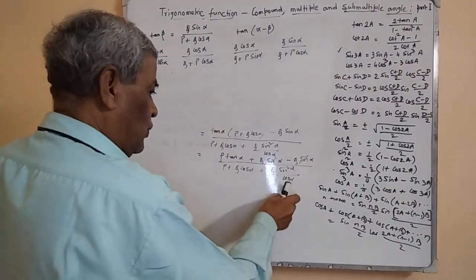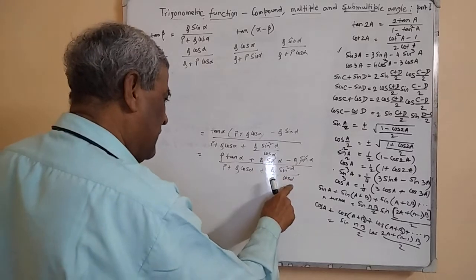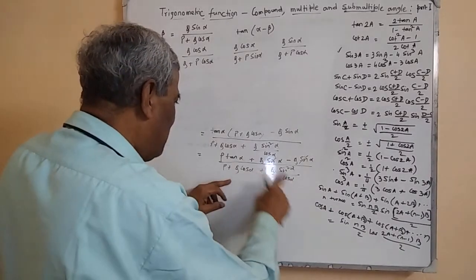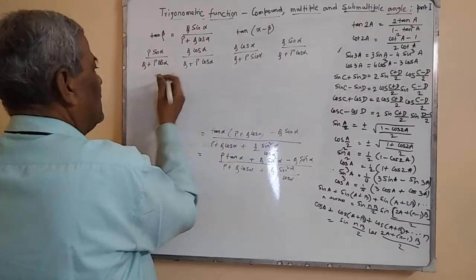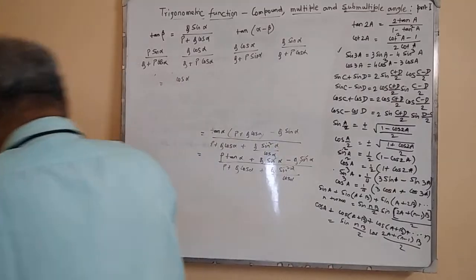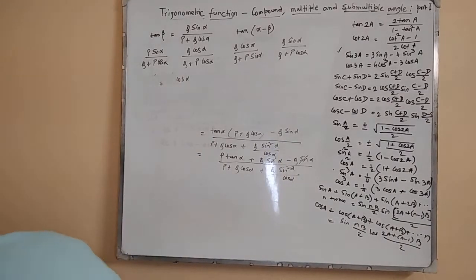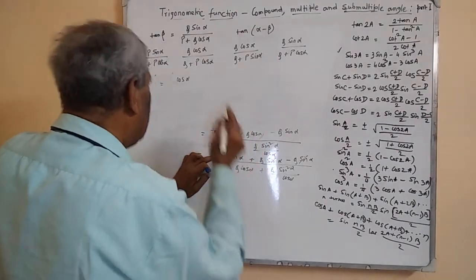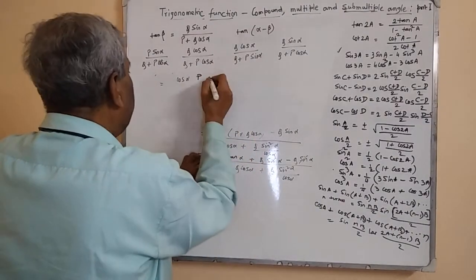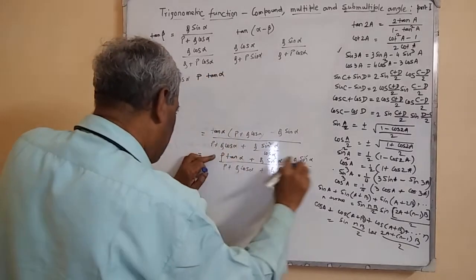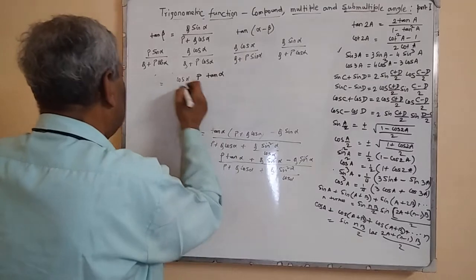Now here we have to multiply by cos alpha. So cos alpha into p tan alpha. I multiply by cos alpha here and cos alpha there also.